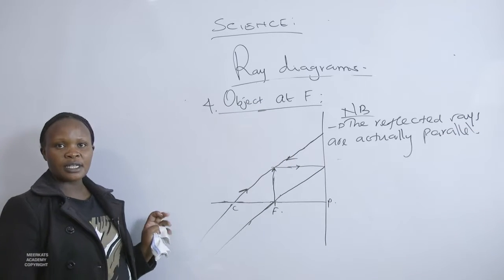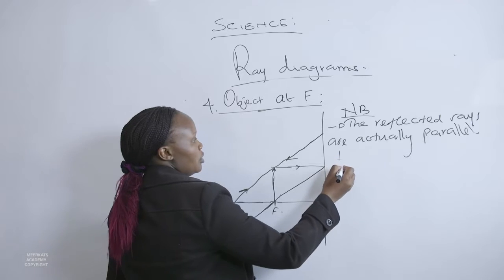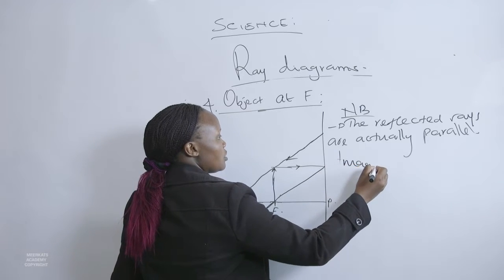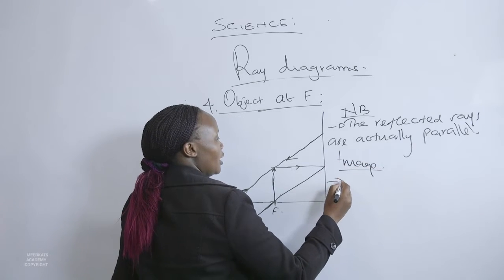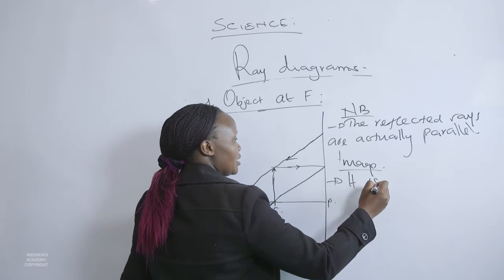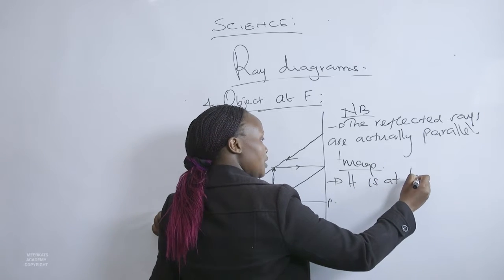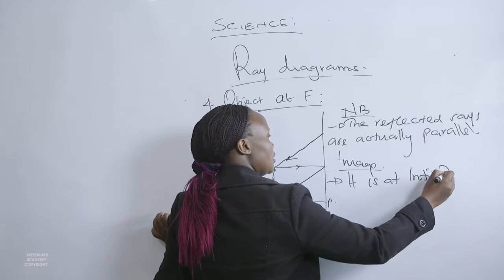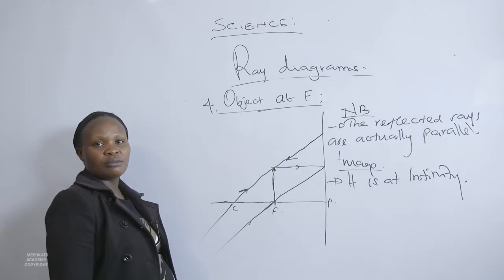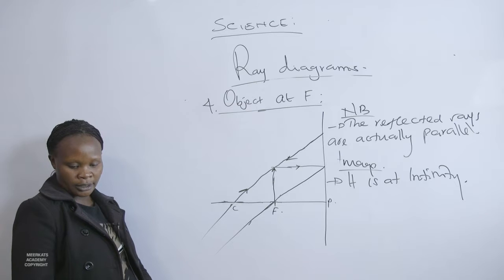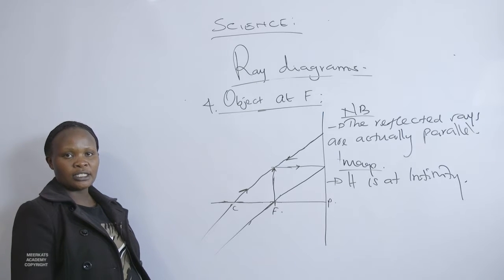Now that means that our image, if we go to the characteristics of our image, is at infinity. It is actually at infinity.